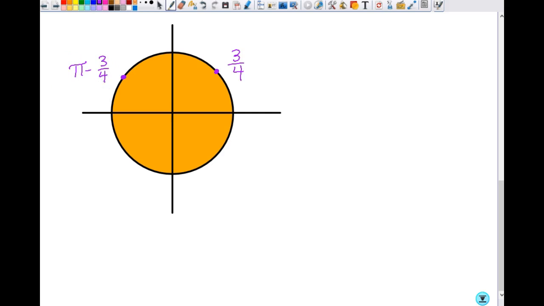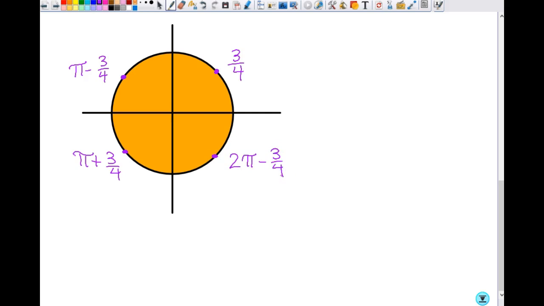Because we got to 7 pi sevenths and backed up 1. 7 pi sevenths is pi, so this is just pi. And I just back up because then those reference angles are the same. You with me? So then how would I get this? Add. So this would be pi plus 3/4. Okay? And then here, what would this be? 2 pi minus 3/4. Okay?